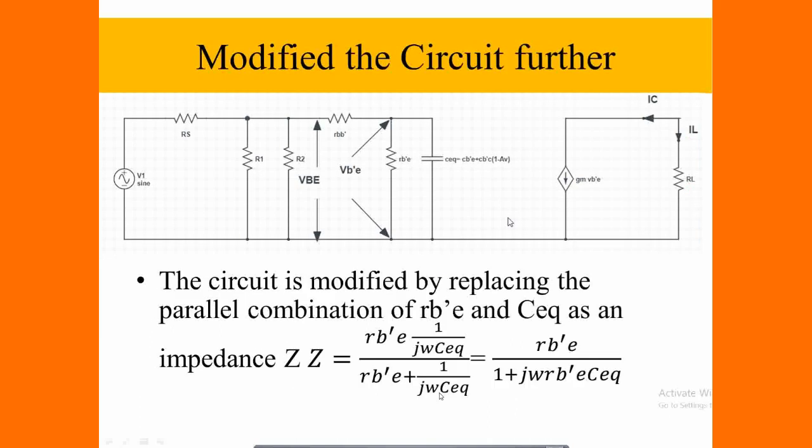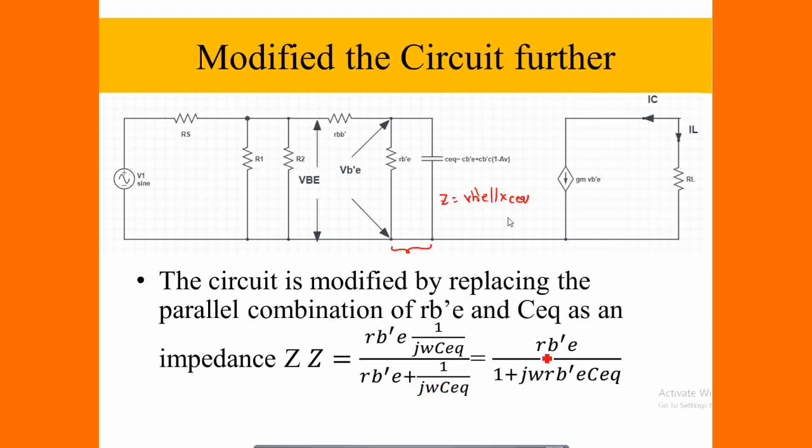Next, we are going to further modify the circuit by calculating the impedance at the input circuitry. Here, RB-E and the C equivalent are in parallel, so we write Z equal to RB-E parallel with the XC equivalent. XC equivalent is the reactive component of the C equivalent. Then we write Z equal to RB-E into 1 by j omega C equivalent, by RB-E plus 1 by j omega C equivalent.